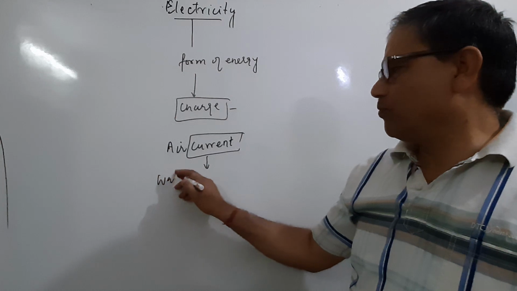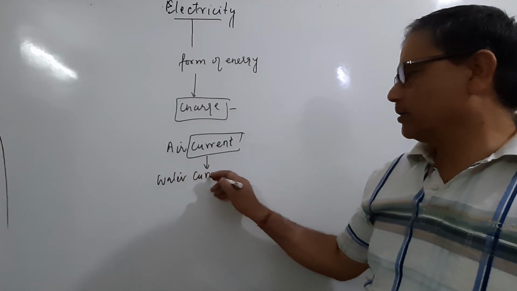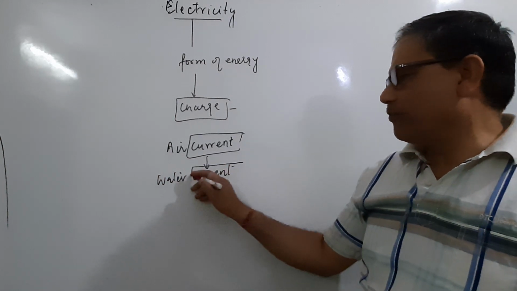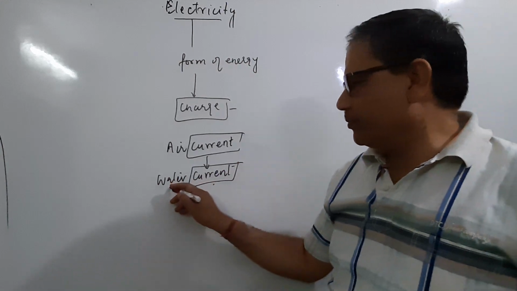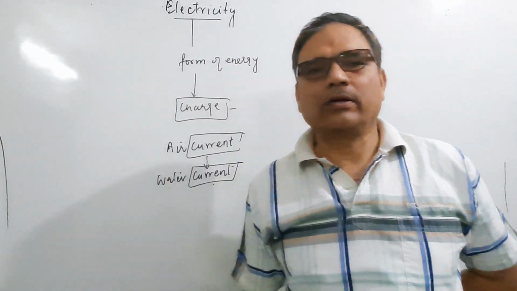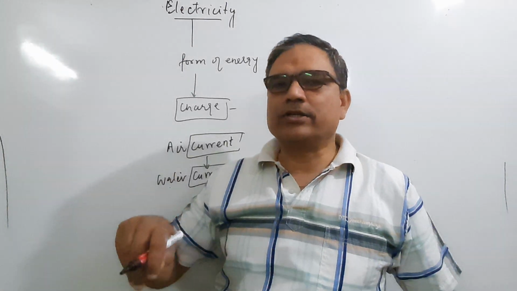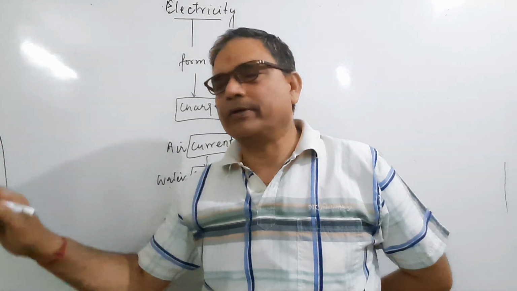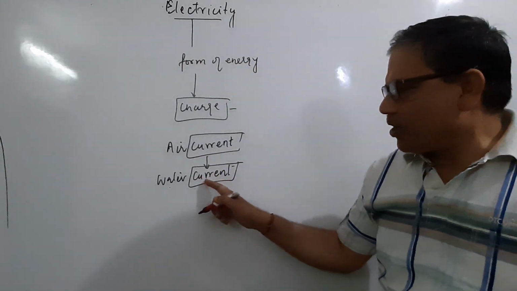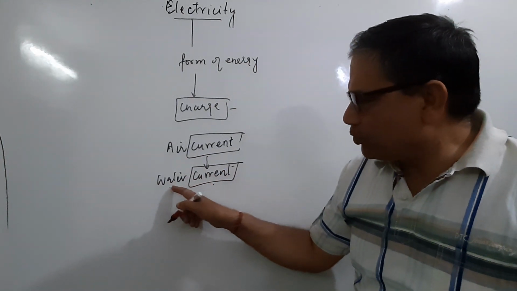Same as water current. When water is in motion, it produces a water current, which is used to produce electricity by a hydropower plant. Water current means particles of water in motion.